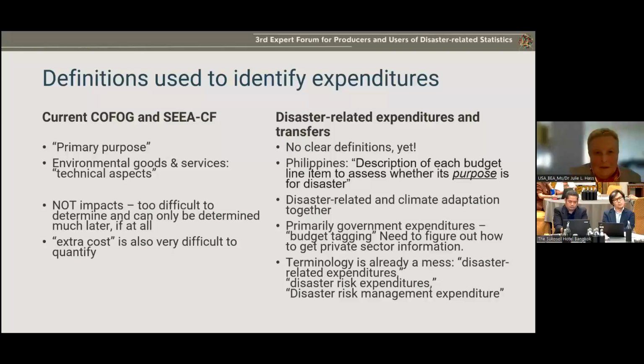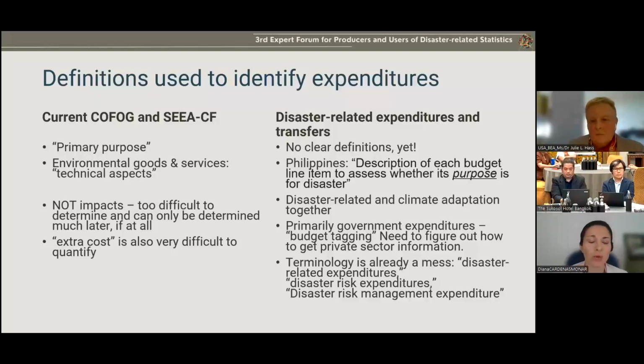Yes, thank you, Julie. First of all, on that part of the purpose, from the experiences we reviewed, some countries do focus more on the main purpose. There are also countries that are using another approach, like relative estimation approaches, using weights to classify shares going to DRR and to CCA of programs.